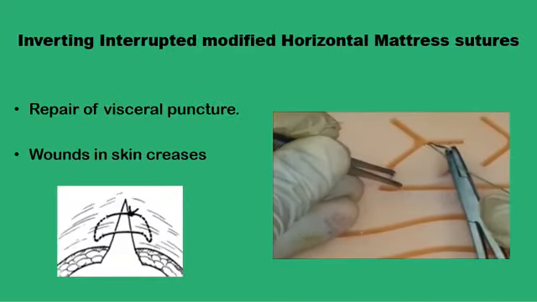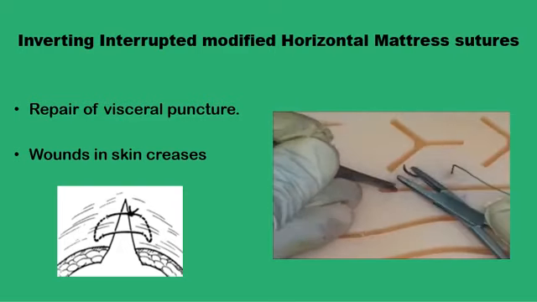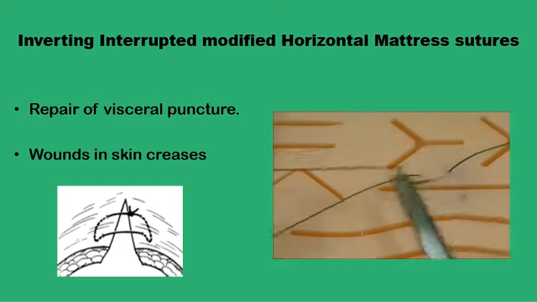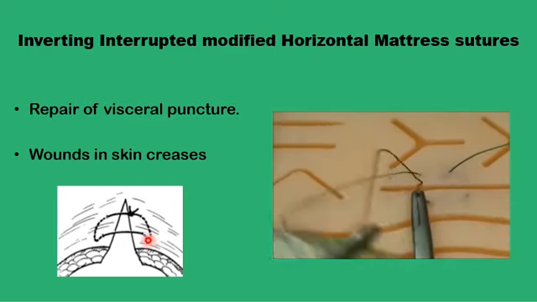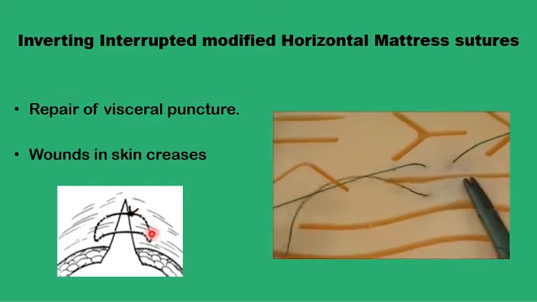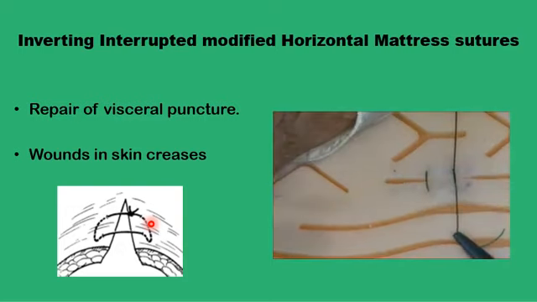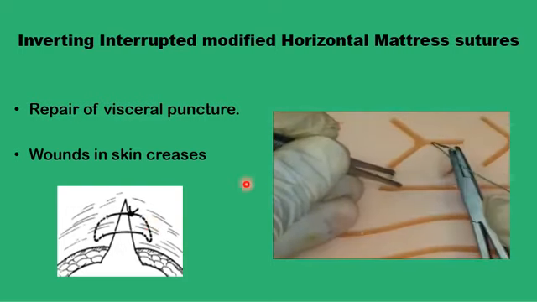Starting with a horizontal mattress suture, again modified this time so that you end up having the bridges of the sutures on the surface crossing the wound edge rather than parallel to the wound edge, and this is going to produce inversion rather than eversion.